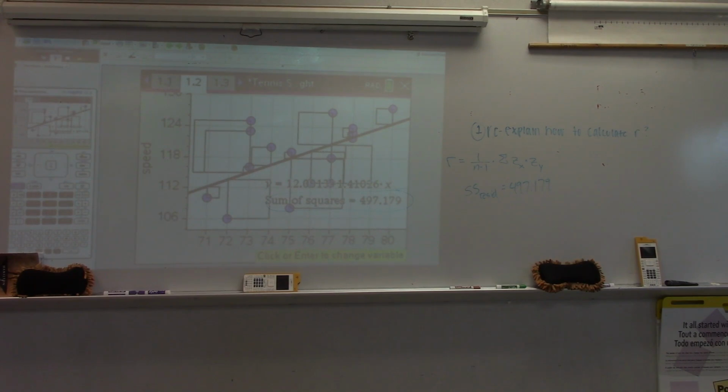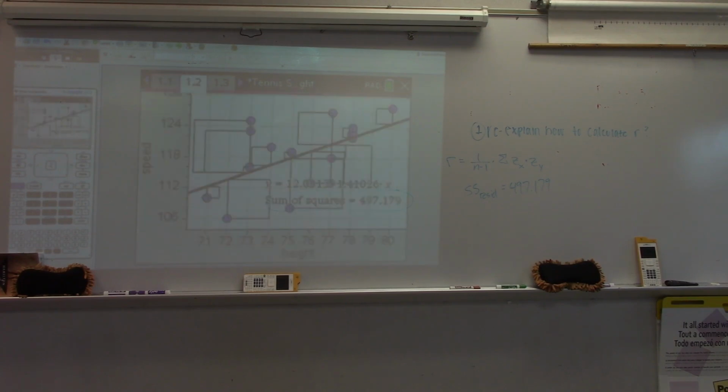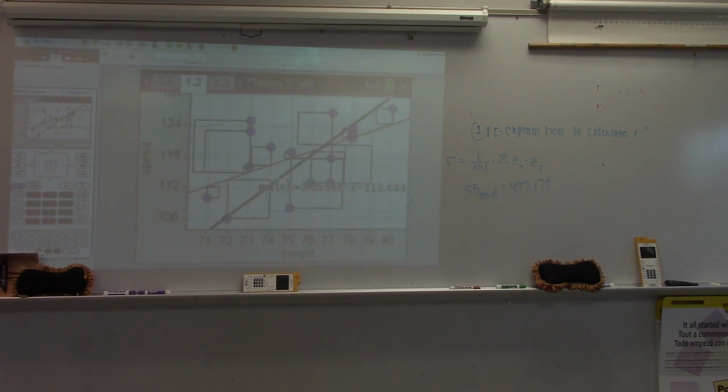Now, what is the y? The average y is 118. So let's say that I actually add a movable line here. Sorry, hold on. I'm trying to get the right.